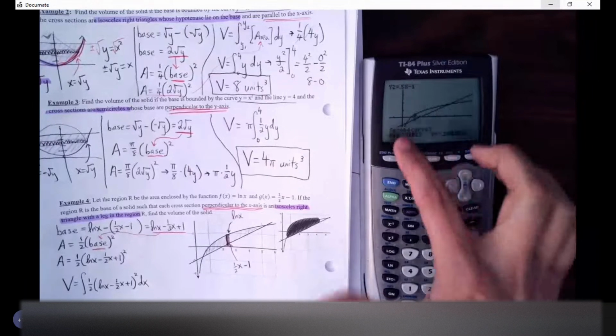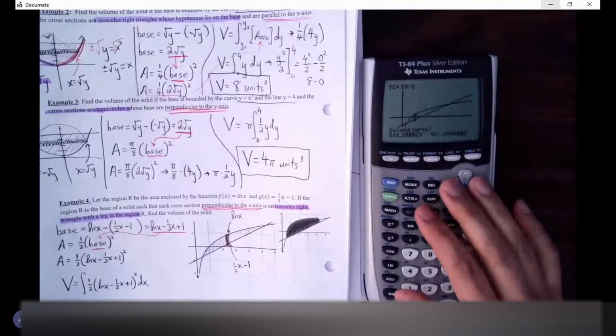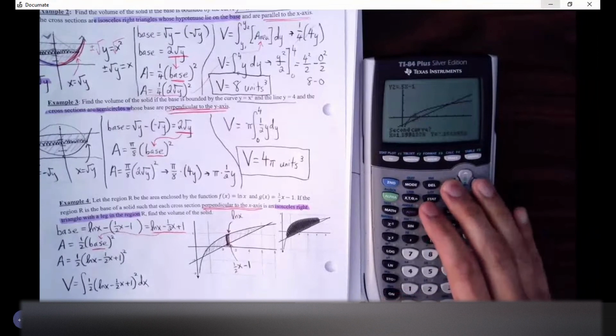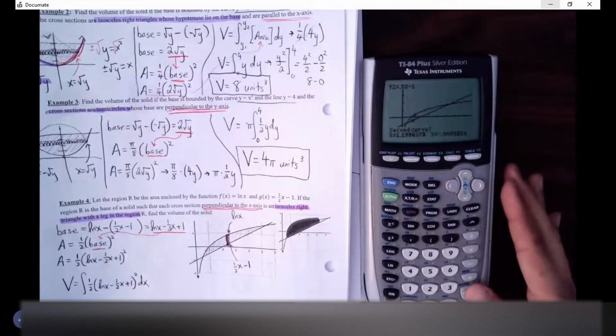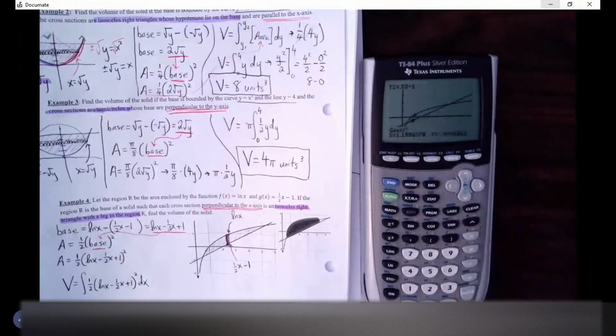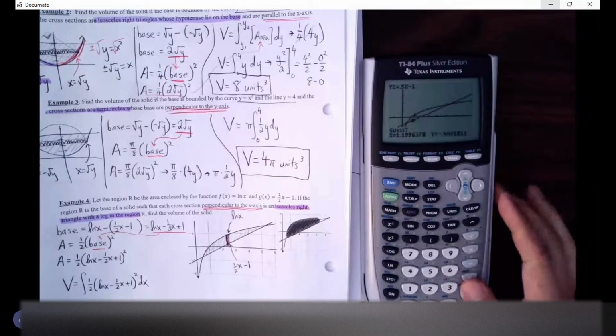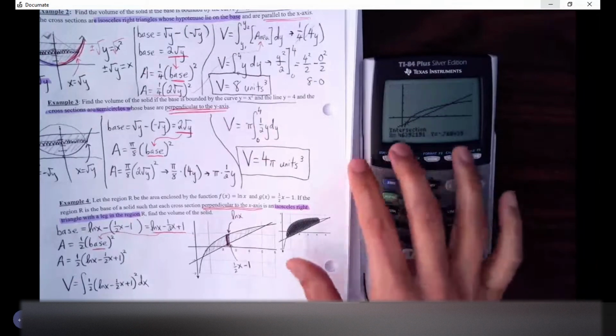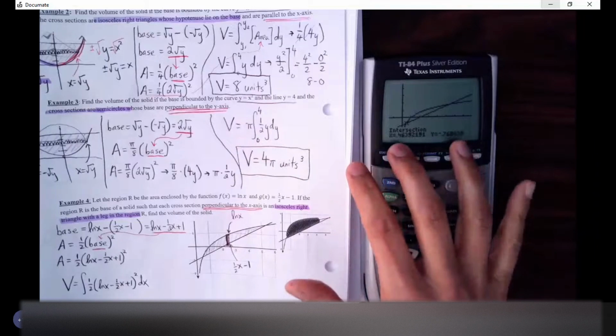And now the calculator is saying, where do you want my second curve to be? And I want it to be on this line here. I want it to be relatively close to my intersection again. Hit enter. And now guess, we want the calculator to guess that approximation. So hit enter. And it's going to find that intersection for us. Okay, 0.464 is what we're after. We're after the x value.